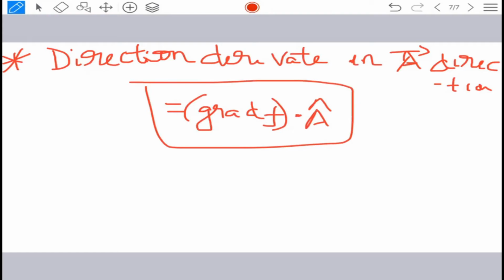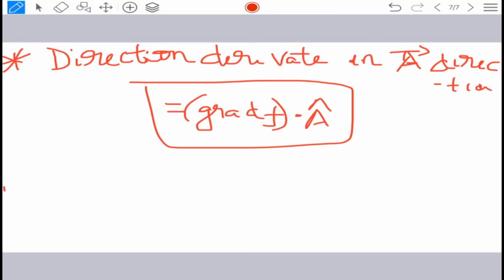Here is the formula for the directional derivative in direction a bar. The directional derivative in a vector b direction means grad f dot b cap.